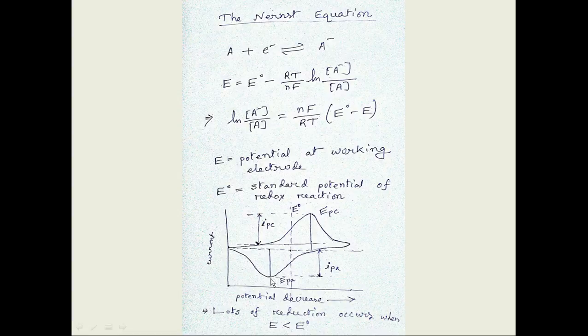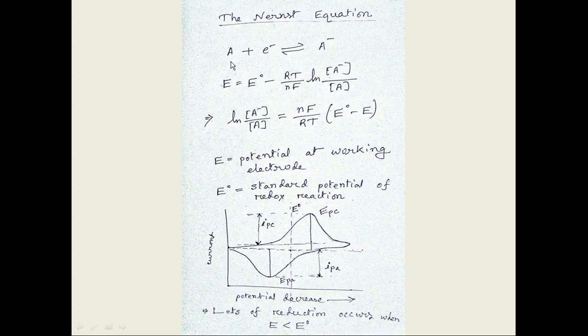In case of oxidation of the analyte, the maxima is at a higher potential than the standard potential. It can be proved from the Nernst equation.